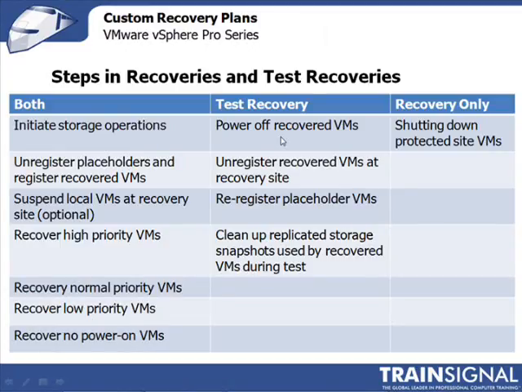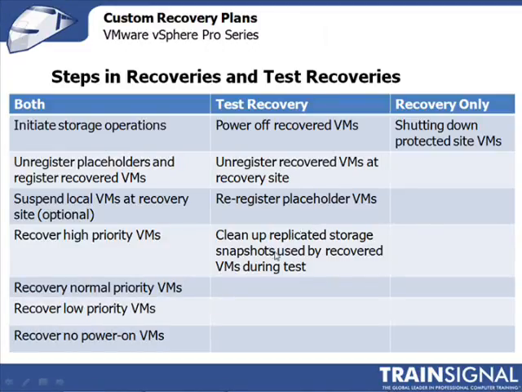The first of these 4 events is that it's going to power off the recovered virtual machines that had been restored for the test recovery. It will then unregister these recovered virtual machines so that there's no trace of them in Virtual Center at the recovery site. Then it'll prepare itself for full disaster readiness, so to speak, by re-registering the placeholder VMs for the protected VMs.